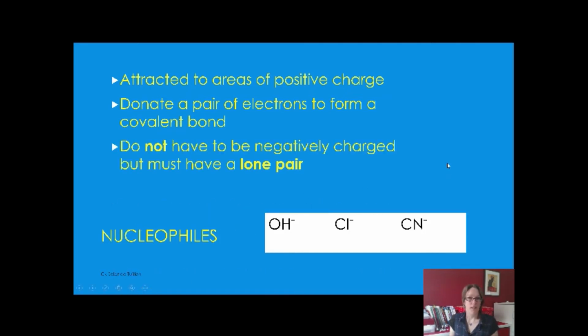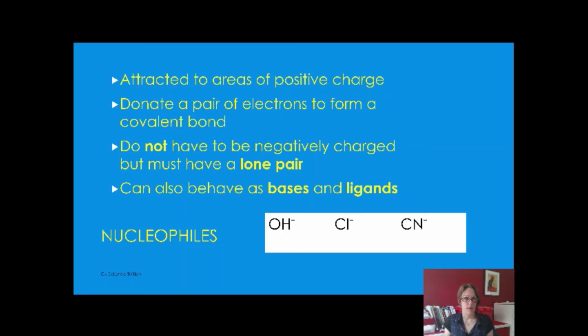But they don't have to be negatively charged, but they must have a lone pair because they must have an excess of electrons that they can donate in order to form a covalent bond with that positively charged carbon that they're attacking.